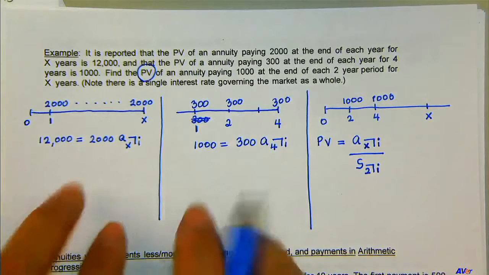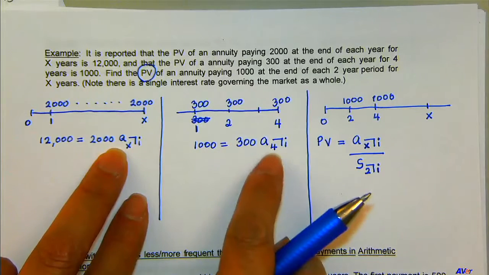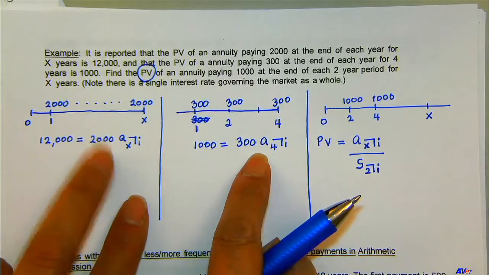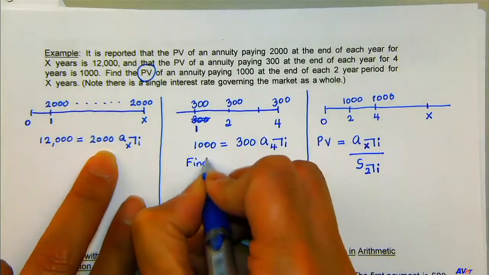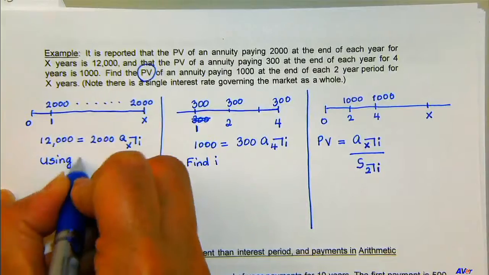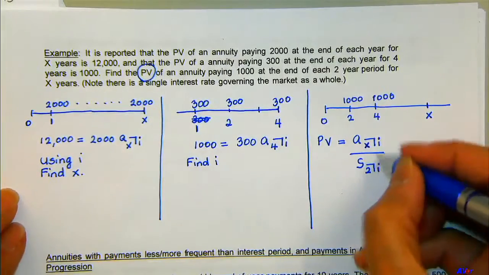So between this one and this one, here I can find I. Once I find I, I'll find X. So here, find I. Using I, find X, and then plug.